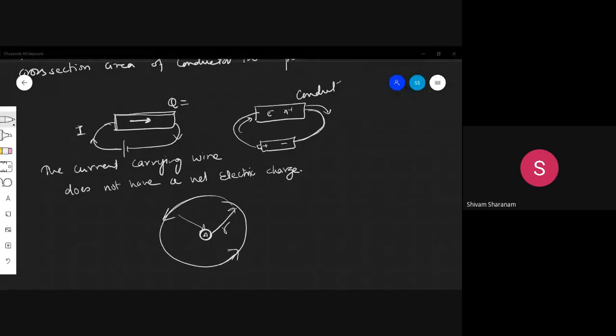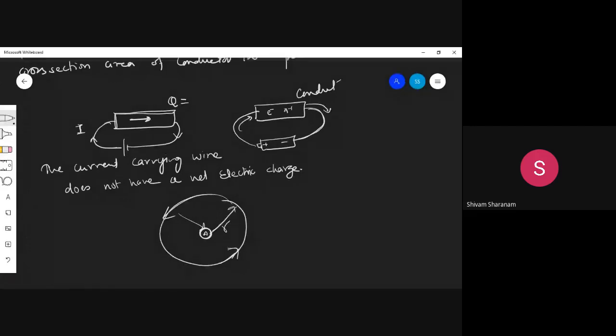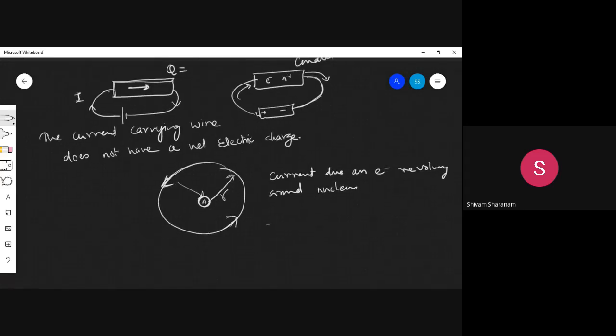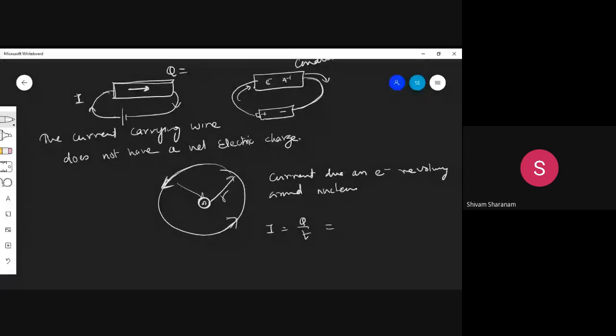Consider the current due to an electron revolving around the nucleus. This electron is also moving in a particular direction. So what is your formula of current? Current is equal to Q by t. How much charge is there in an electron? Can we write e? And the time taken will be how much? In one cycle, how much time will it take?